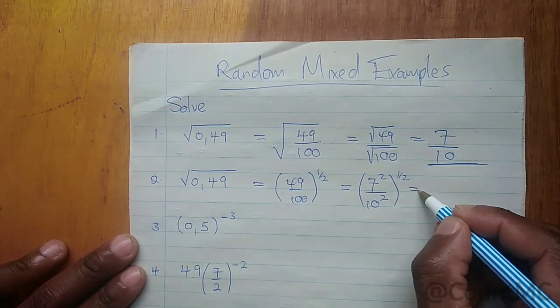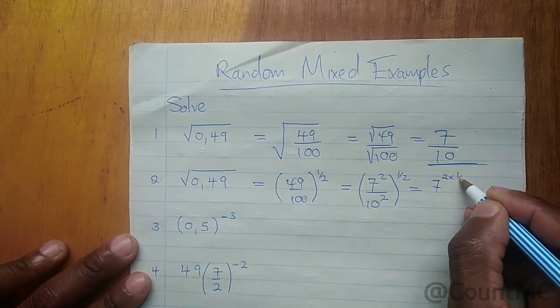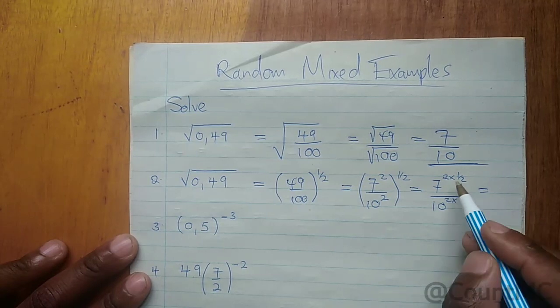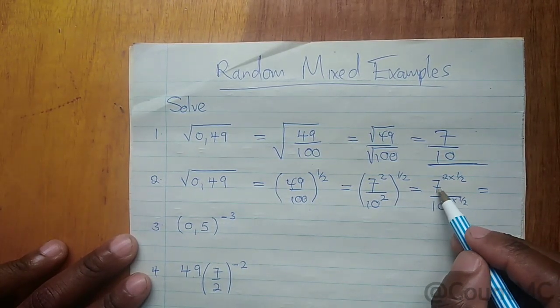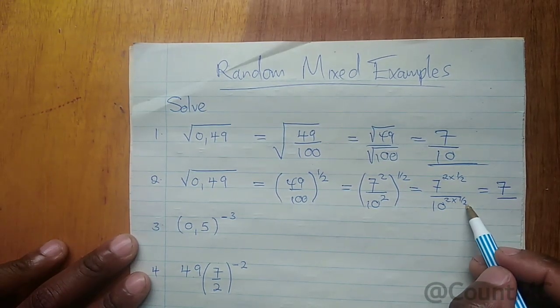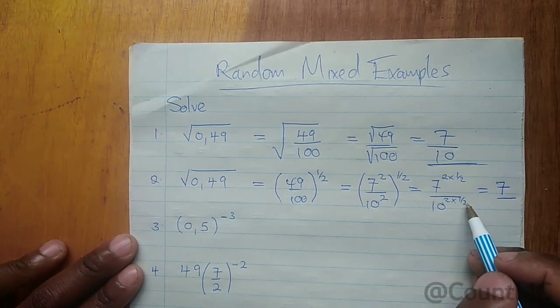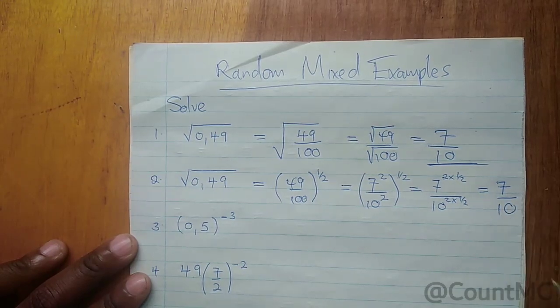So this will become 7 to the power 2 times a half divided by 10 to the power 2 times a half. 2 times half, that's 1. So this will be 7 to the power 1, so it's just 7. 2 times half, that's also 1. If you multiply a number by its inverse, you get 1. So this will become 10 to the power 1, or just 10.